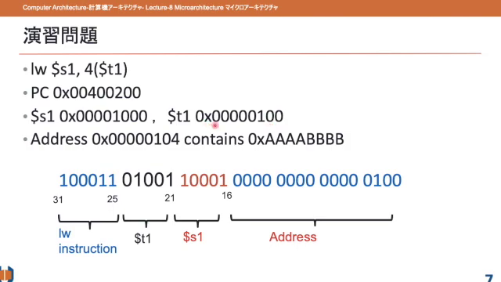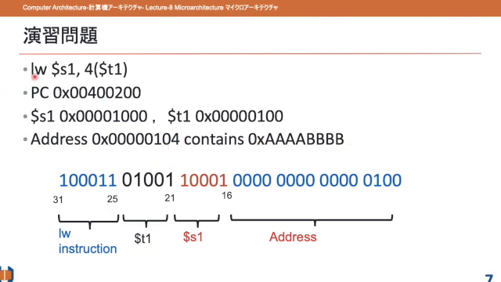If you add this value with the offset, you will get the memory address from where you need to pick the value to store in the S1 register. If the value is 100 and you add the offset 4, you will get this address, and I also give you the value that particular memory address contains.